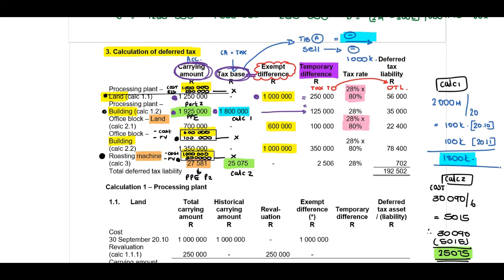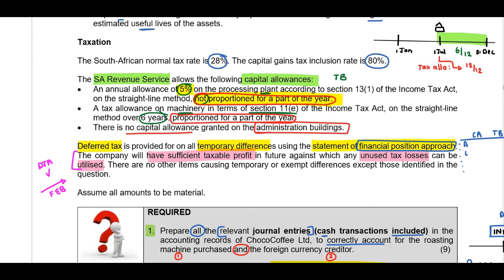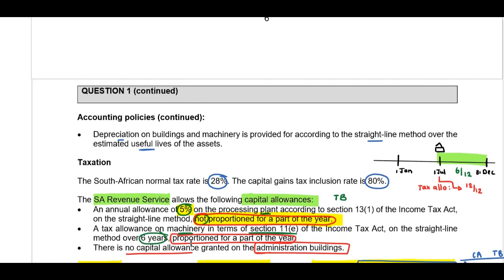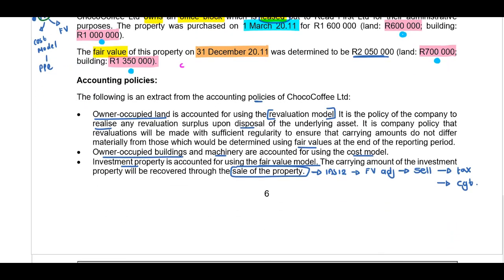If you look at our office block building, CGT. Why? In this scenario, they've indicated to us, remember that? I just want to get that section there, guys. Temporary differences, unused building. I think it is here. Will be recovered. At the bottom of your screen, guys, investment property will be recovered through the sale. Therefore, we know CGT. Right.